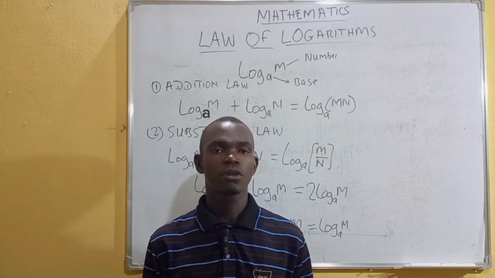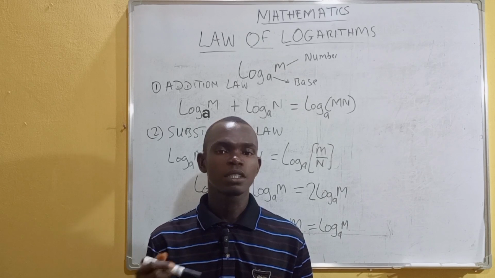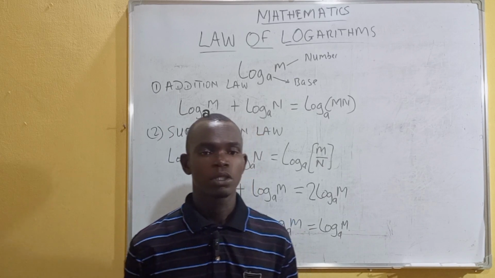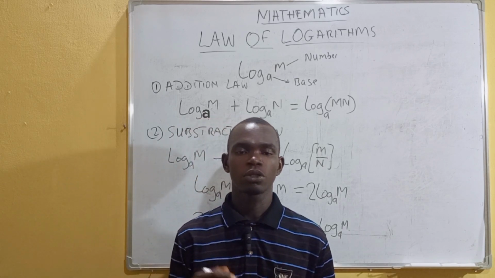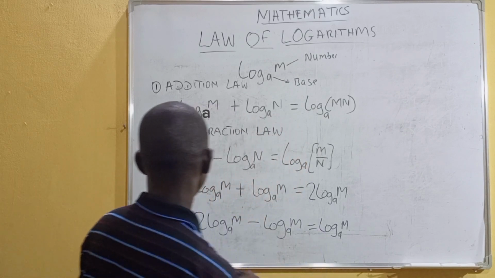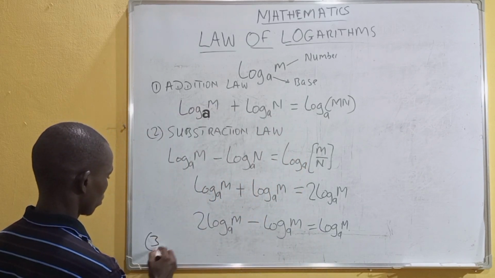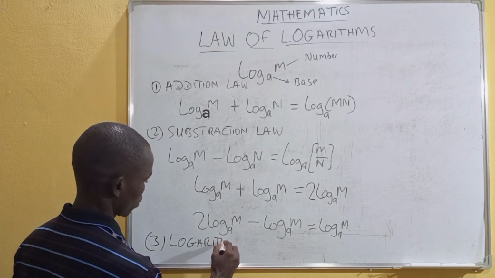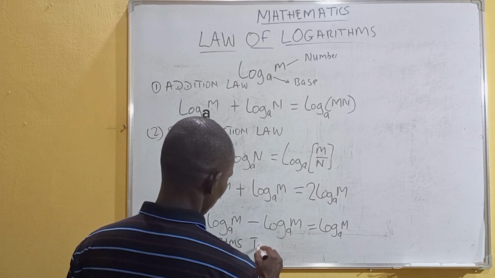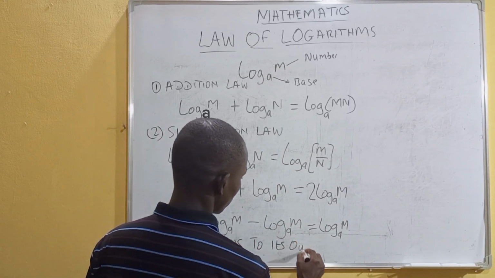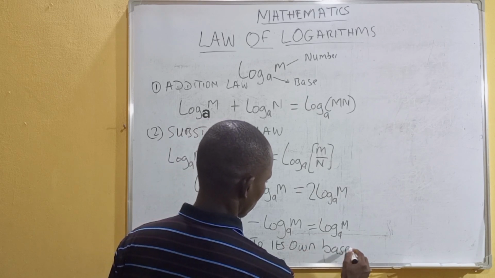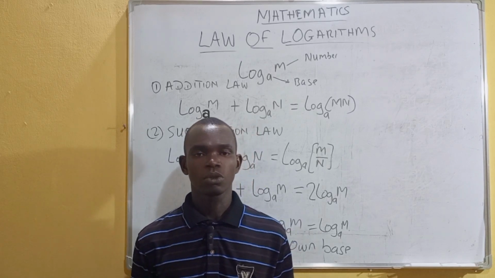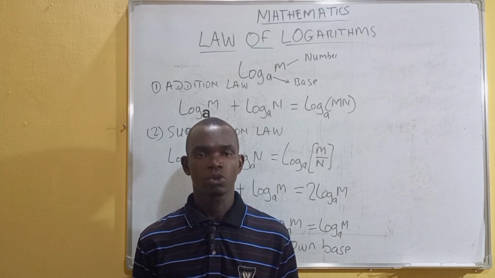While the other laws of logarithm are used to eliminate the log in a logarithmic expression. One of the laws is the logarithm of a number to its own base, which will be the third law now. The logarithm of a number to its own base is equal to 1.